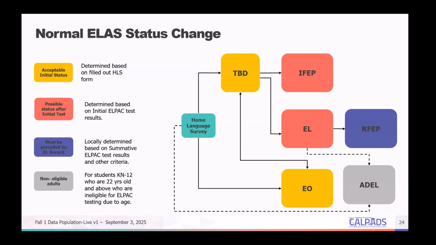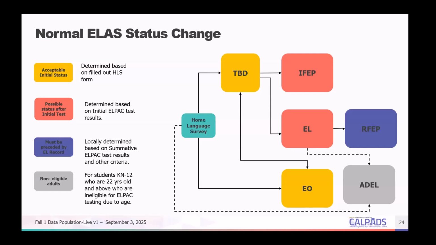Students may only remain in TBD status for 30 days. If a student is TBD and takes the initial LPAC assessment, the results will place them in one of two statuses. If the initial LPAC indicates the student is English proficient, the student will be placed in IFEP status. If the initial LPAC indicates a lack of clearly defined English language skills, the student will be placed in EL status.